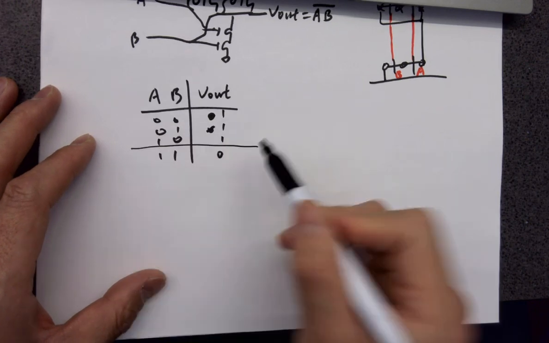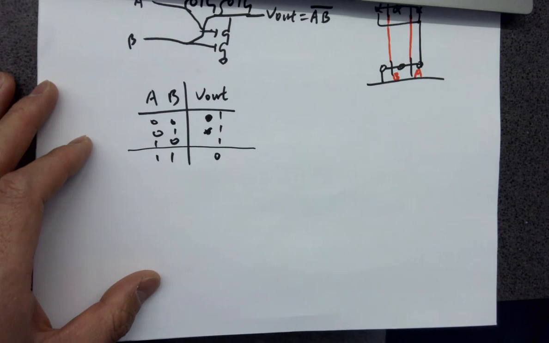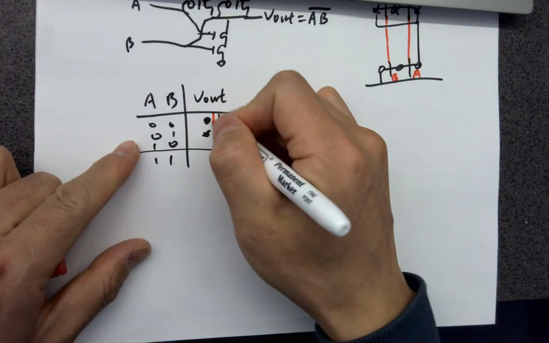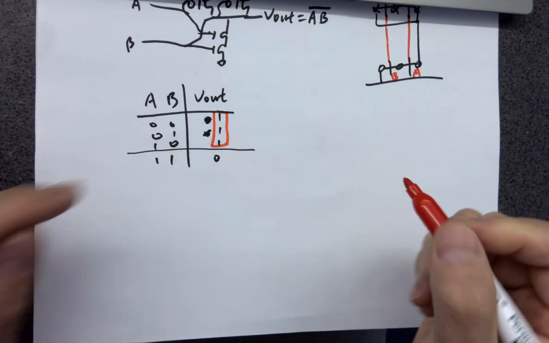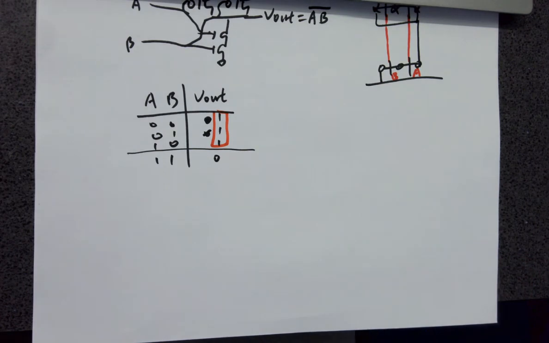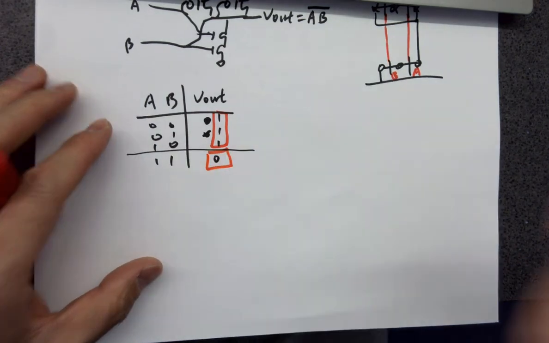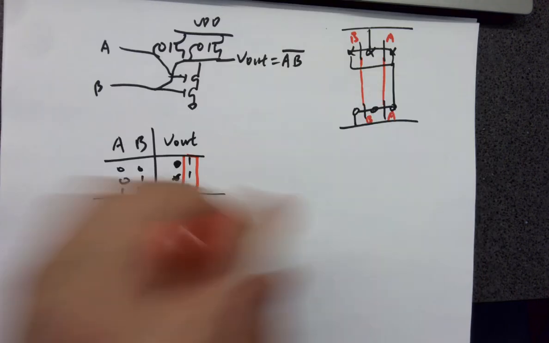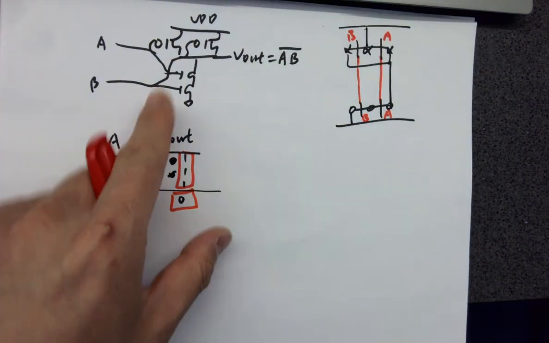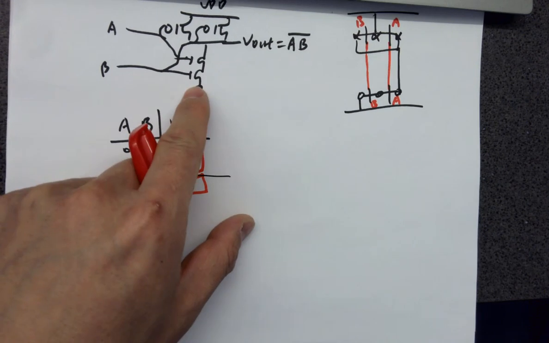In those cases, you can see for these outputs, it's using the PMOS to pull it up to VDD. So these outputs are managed by the PMOSes, and this one is managed by the NMOS, because only PMOS is pulling things up, and NMOSes are pulling the output down to ground.